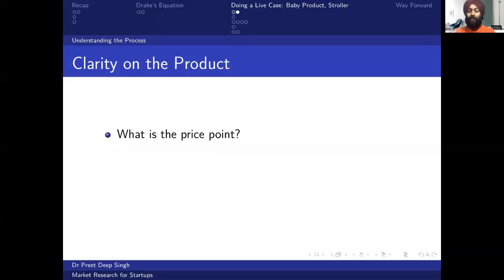Okay, let's say clarity on the product. What are the aspects that you need to know about the product when you get clarity? This is very indicative. Your product will have a lot more, right? What is your price point? That's the first point. Price point, this pram stroller, how much is this for?